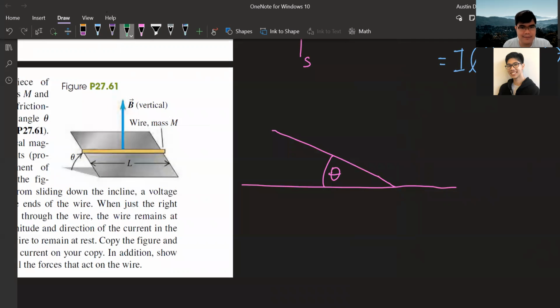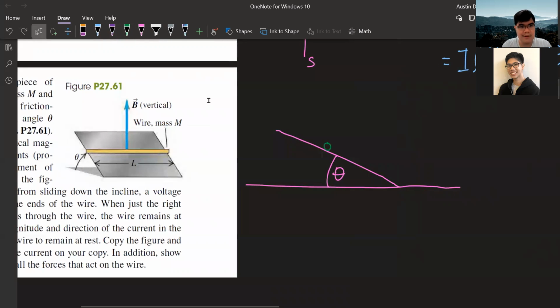Tapos meron kang wire. And then meron kang magnetic field that is pointing upward. Okay, hindi ko na-drawing yung maraming magnetic field, no? Drawing ko na lang yung nakatutok sa kanya, which is upward. B.